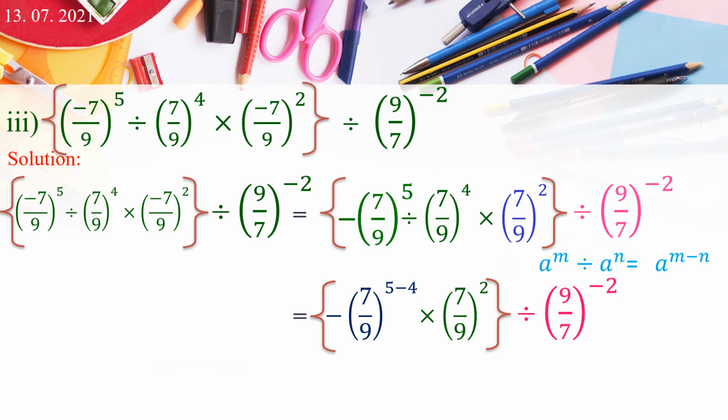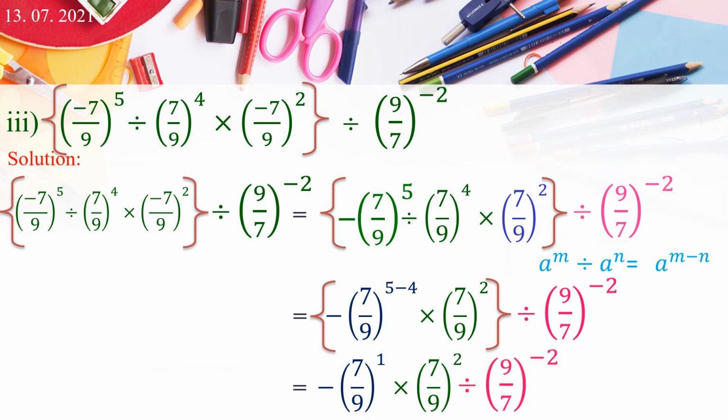Now on subtracting the power for the first term, we get minus of 7 by 9 whole power 1 into 7 by 9 whole squared, which is divided by 9 by 7 whole power minus 2.